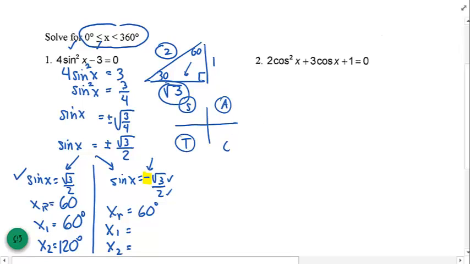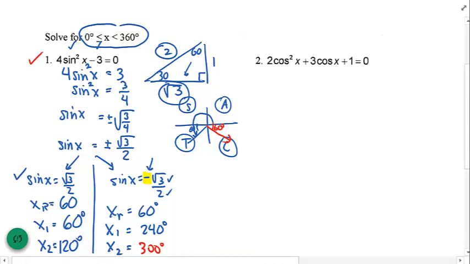So that would be in quadrant 3 and quadrant 4, and when you draw a 60-degree angle in quadrant 3, because you add 60 to 180 degrees, you get an angle of 240 degrees. And when you do that same angle of 60 degrees in quadrant 4, you get 300 degrees. So that's our four solutions for this one trig equation.